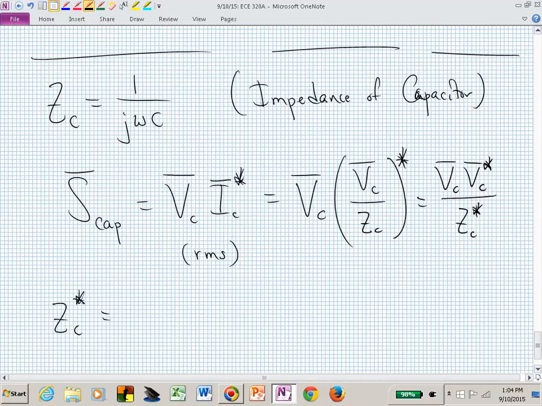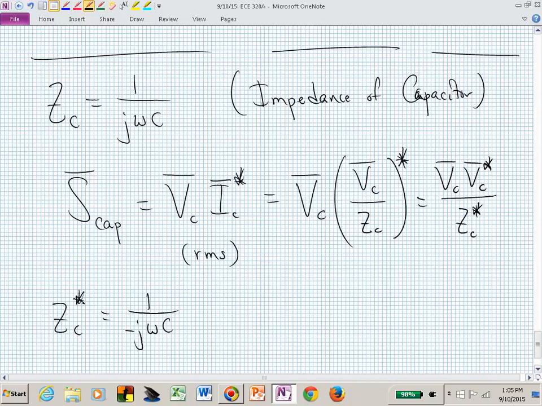It's all imaginary, so we just have to introduce a negative sign somewhere. Let's just put it down there with the j. Let me just negate that whole thing.